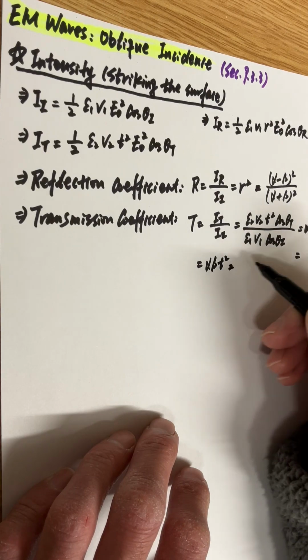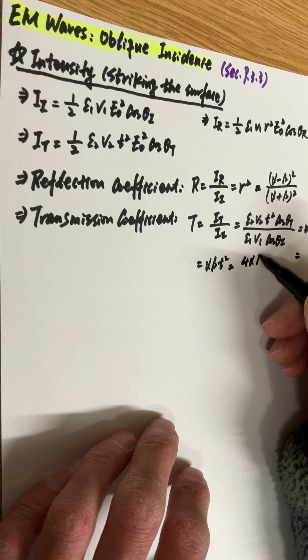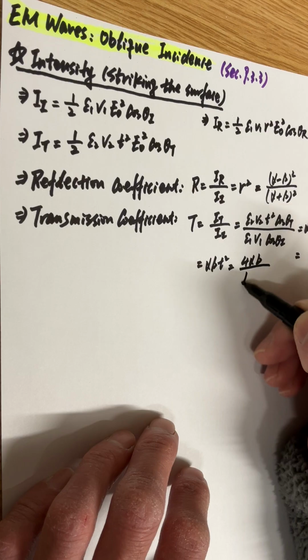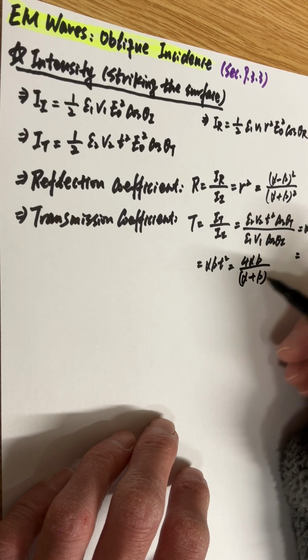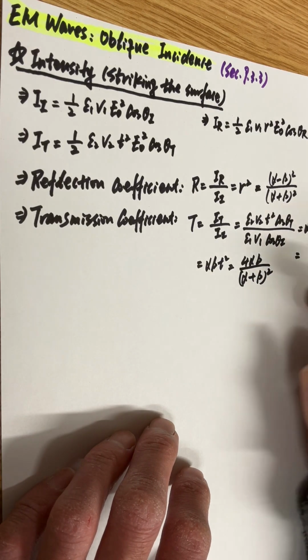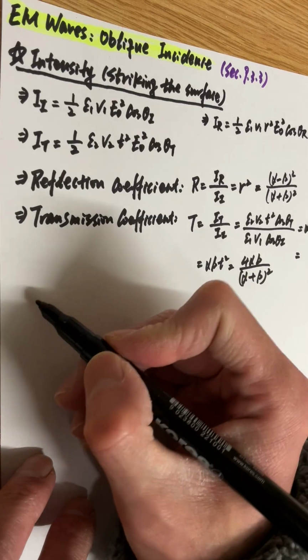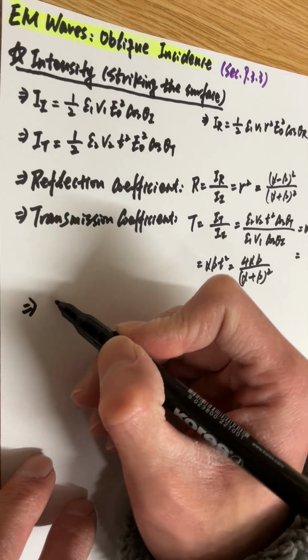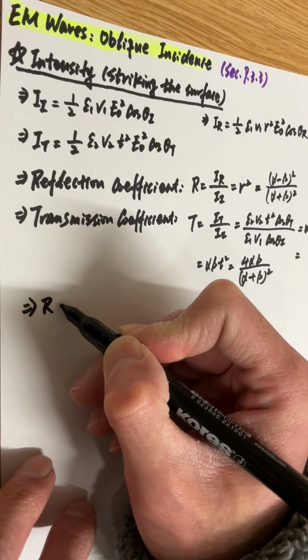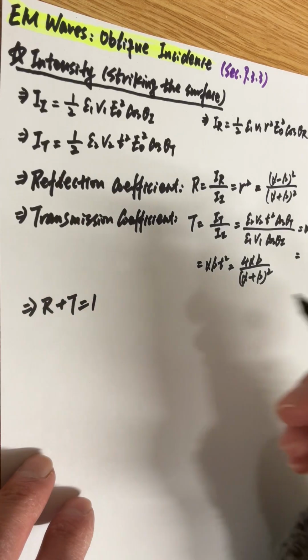So this equals 4 alpha beta divided by alpha plus beta squared. So it's easy to prove now that we have conservation of energy.